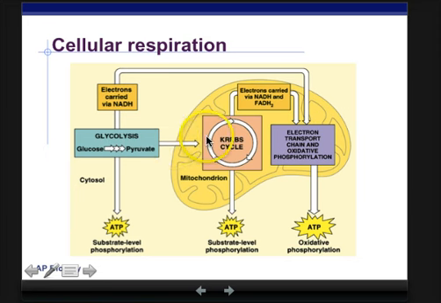So we'll have 2 acetyl-CoAs to go through the Krebs cycle twice. And we get a little ATP out of that, as well as NADH and FADH2. And so all of these electron carriers are going to be utilized in the electron transport chain, where we're going to get a ton of ATP. So that's what's next.